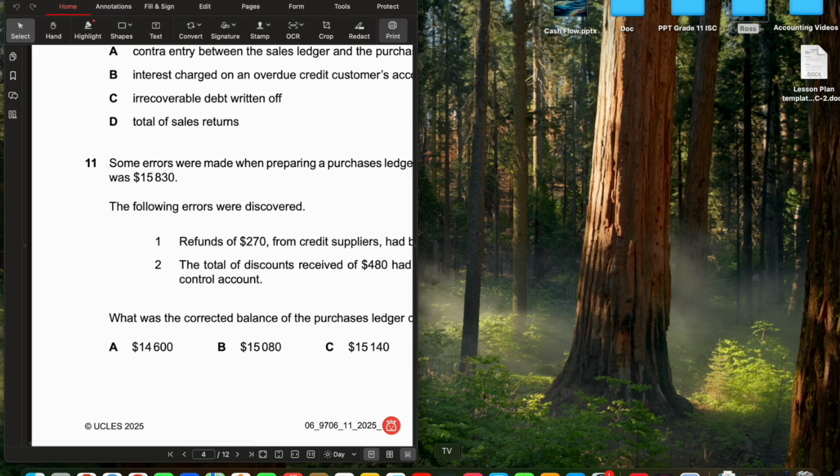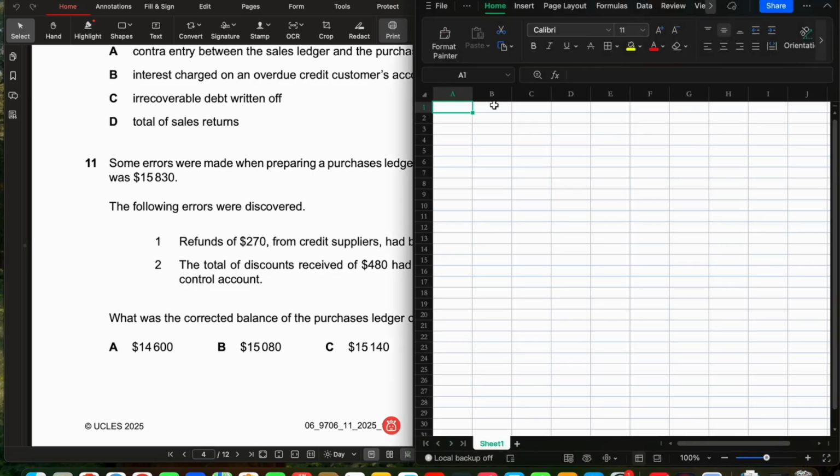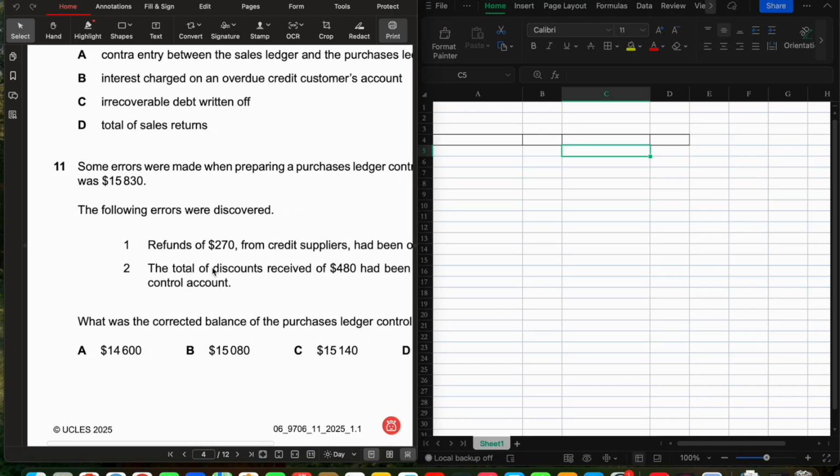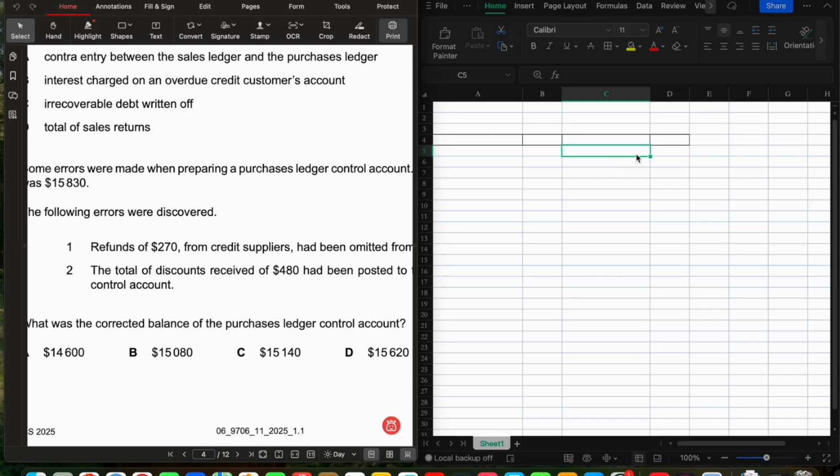So for that, let's prepare a control account here, a mini version of the control account, just to show you that. Let's say the control account is a credit balance. So it has 15,830 in the control account on the credit side.